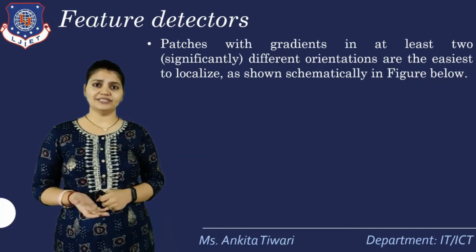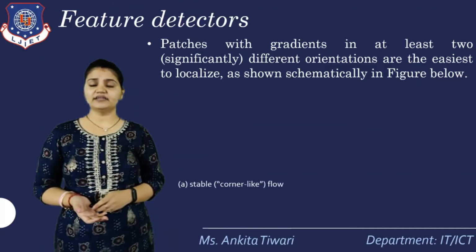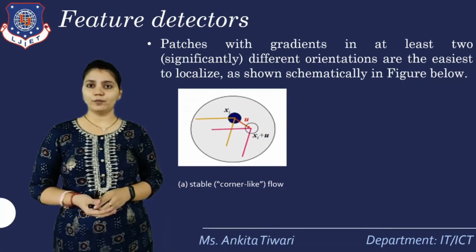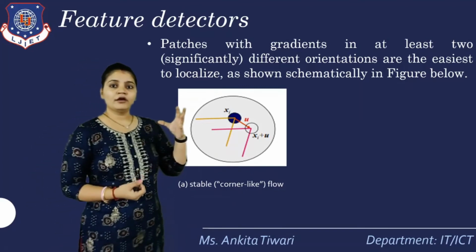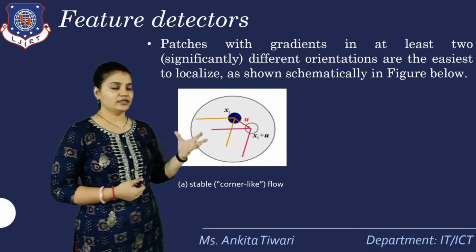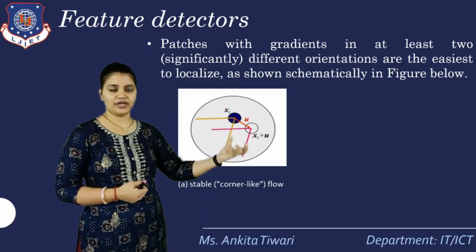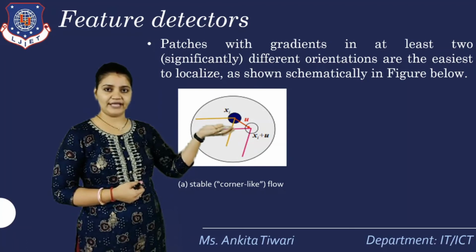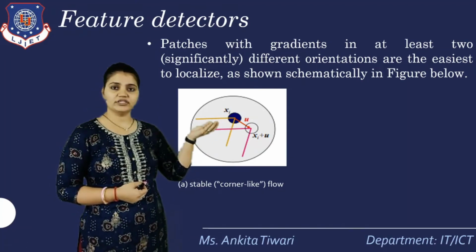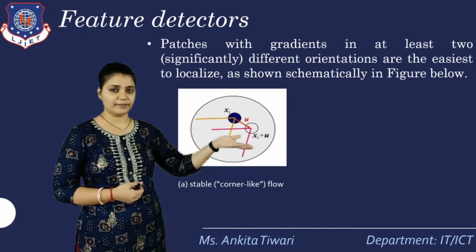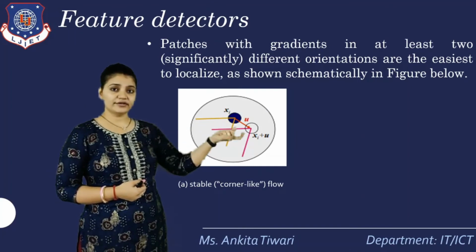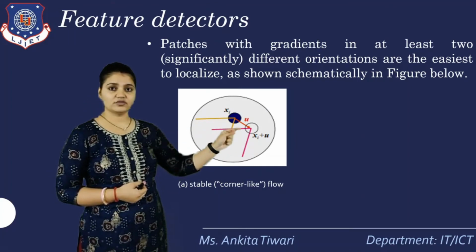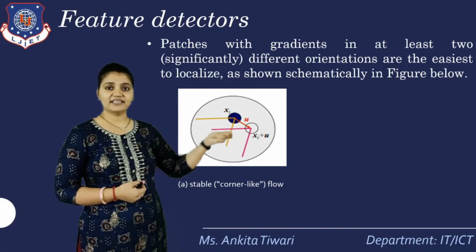As shown schematically in the figure below, we can see that stable means corner-like flow. See, from the figure, the patches that we have taken, with respect to the aperture that we have, that is in the form of x of i. With respect to that, we need to find out the distance with respect to the object, the patch that we have taken. The red lines show the distance, along the x-axis and y-axis.